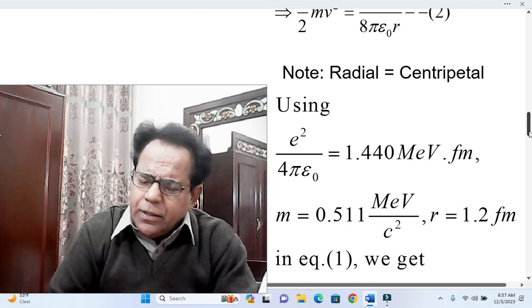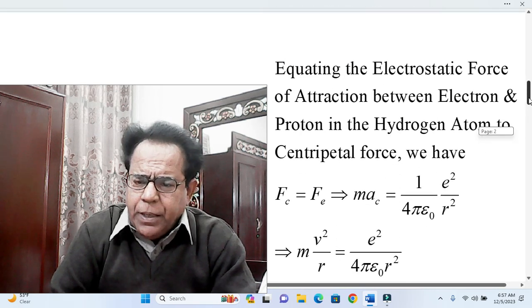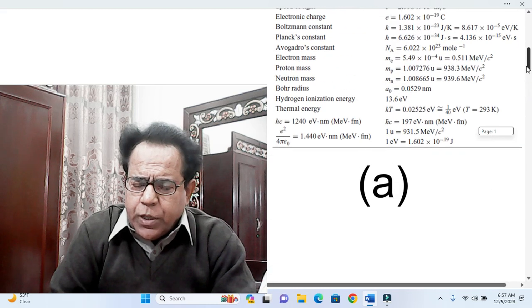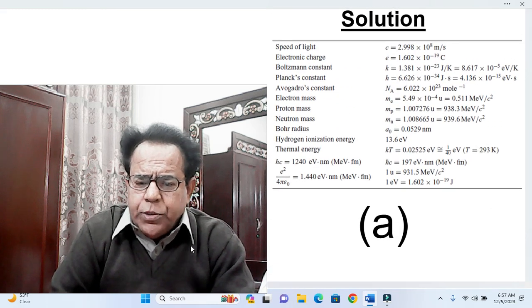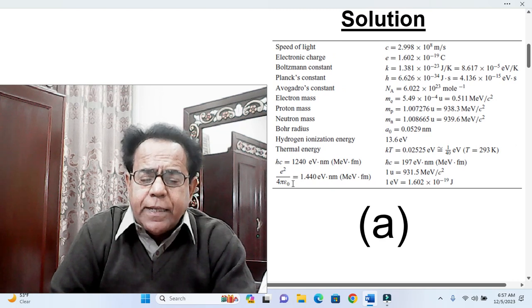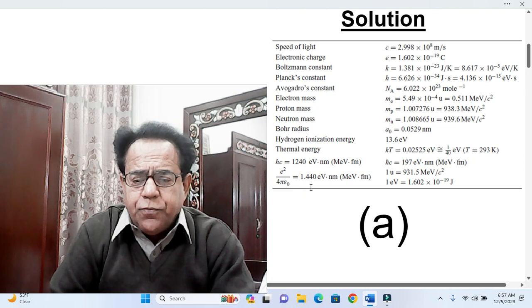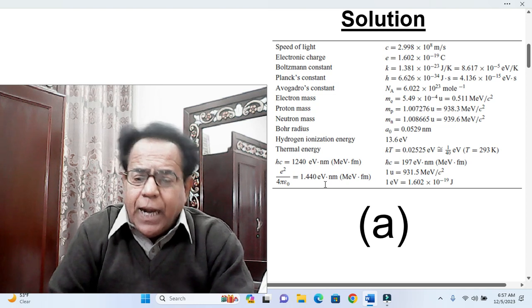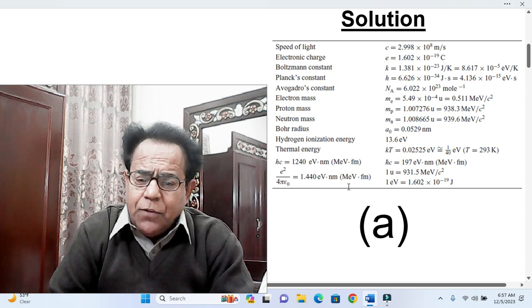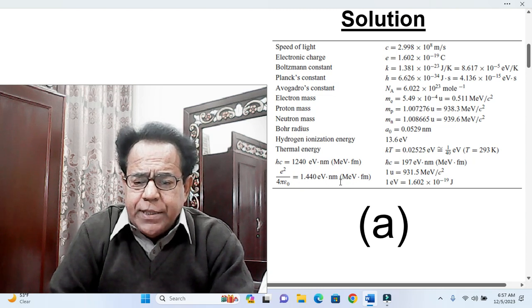Only one snapshot is included in this problem, and this is that snapshot. Okay, from here we have used this value: e square over 4 pi epsilon naught is equal to 1.440 million electron volt into femtometer. So we have used this value.